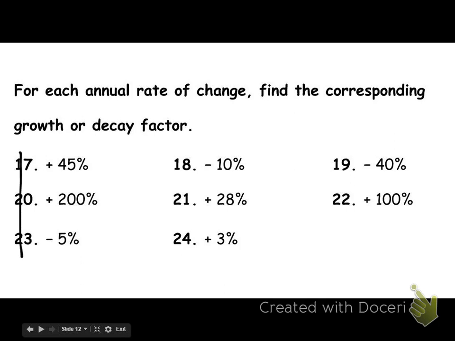If I give you a plus 45% rate of change, what's the growth factor? Add it to 1. 1.45. If I give you a negative rate of change of 10%, what is the decay factor?